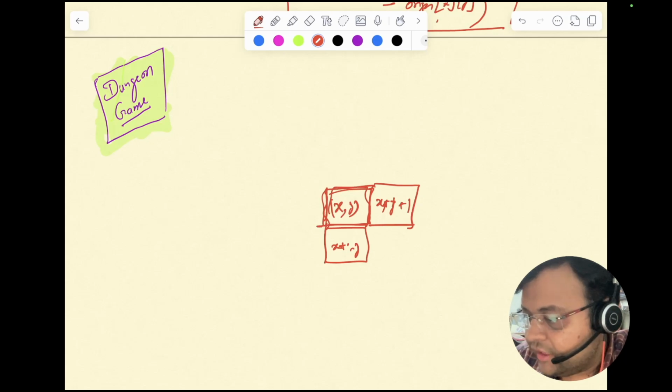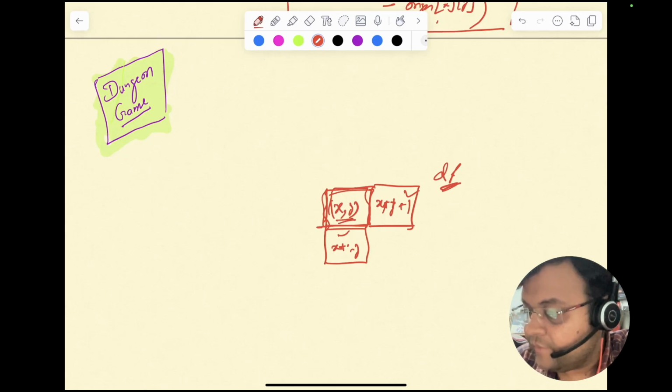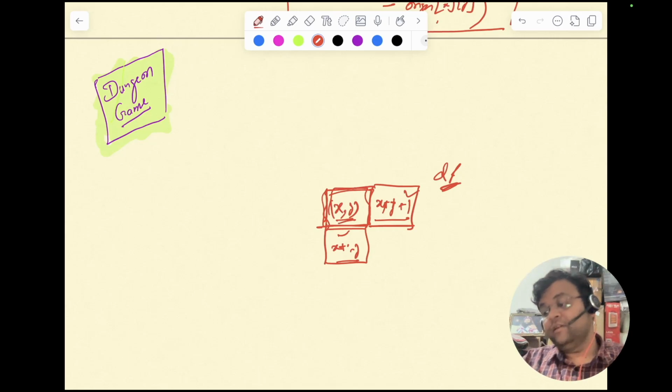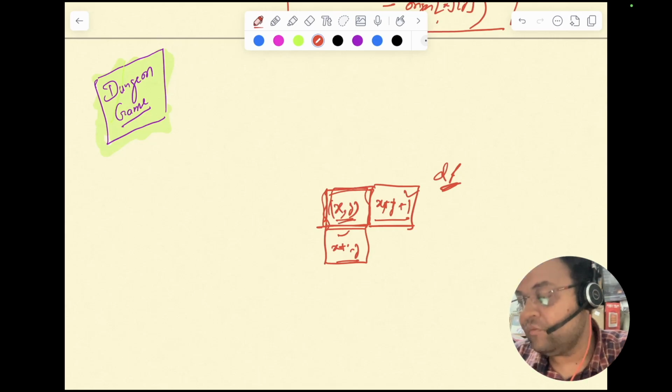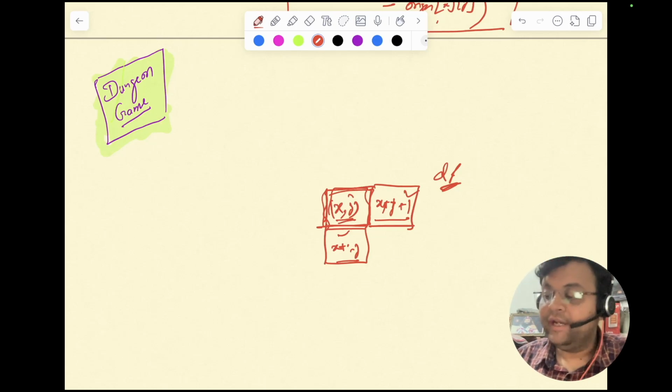So we need to take the minimum of this and this, and we need to subtract the original xy value from that. But this is from the original array. So from the original array, we'll take the original of xy, subtract it from the minimum of DP of xy plus 1 and x plus 1 y. If it is negative or 0, we'll consider 1. Otherwise, the value which is coming from there.